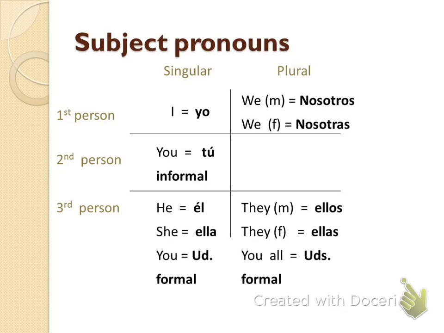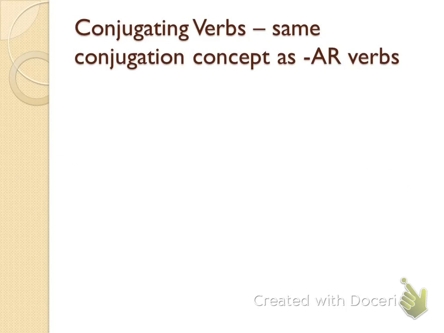Then we have, what's vosotros, by the way? Do we remember? The you all, the informal you all. But we substitute it with the you all formal, which is the ustedes, or they for the bottom box. So singular side on the left, plural side on the right. And again, we don't have to worry about vosotros. We're just going to substitute it with ustedes.